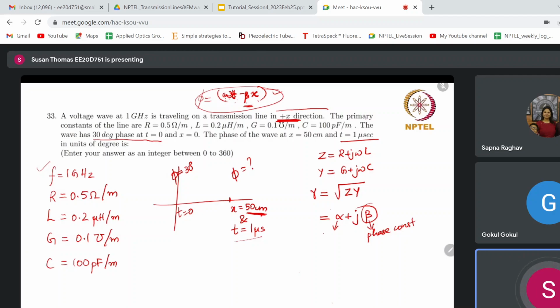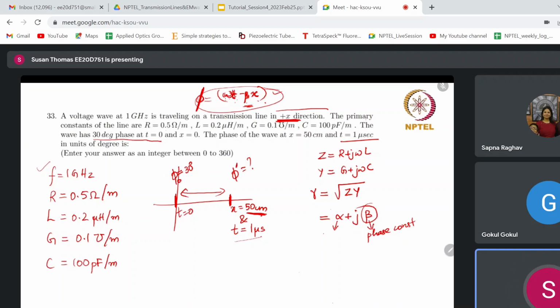So if we know all these parameters, we will get the phase omega t minus beta x. And we also know in the beginning, at the start of the wave, at time t equal to 0, the phase was say phi naught, 30 degree. So this much phase is being acquired.